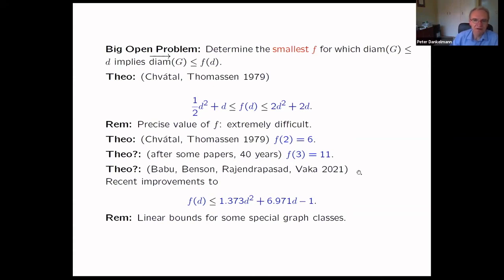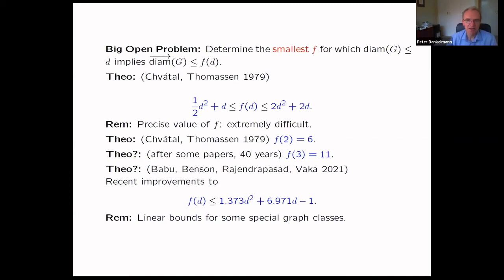And there's another bit of really great news, because the group from India, Babu, Benson, Rajendra Prasad, and Vakha, proved just this year an improvement of Thomassen's and Chvátal's upper bound, from 2 times d squared to about 1.3 something times d squared. So that's a significant improvement.